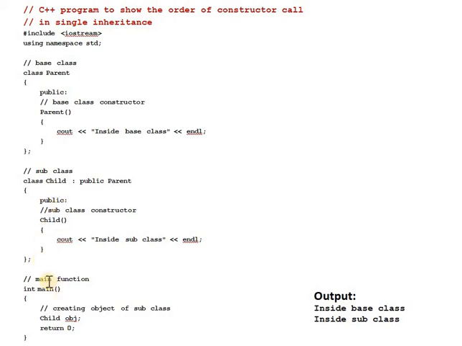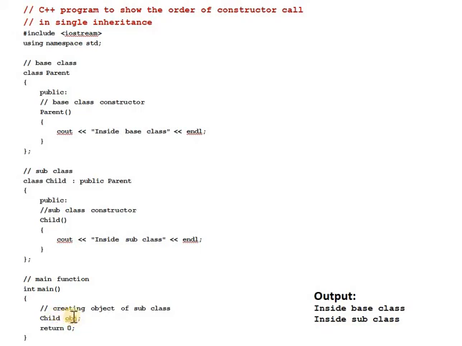Now in the main function, in an inheritance program, we create an object of the subclass or derived class. So here we are creating the object of the child class.